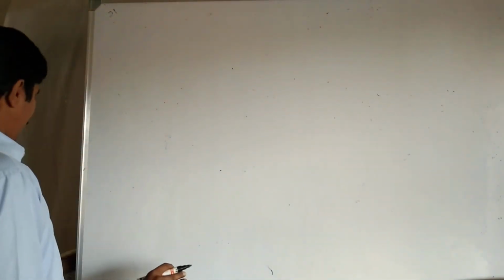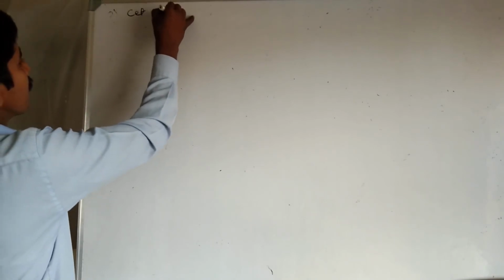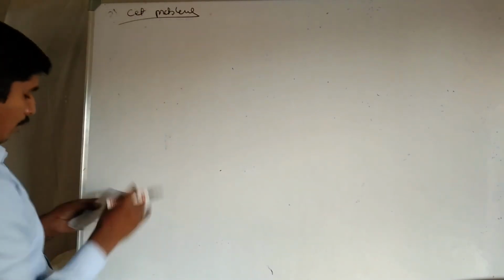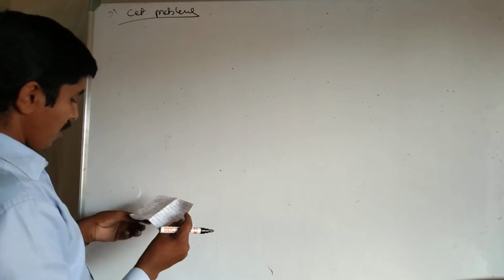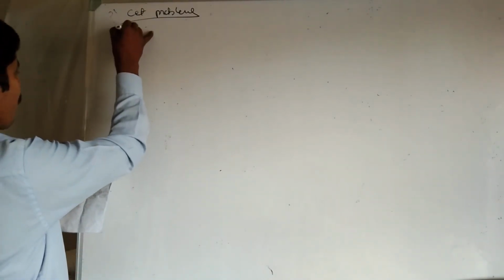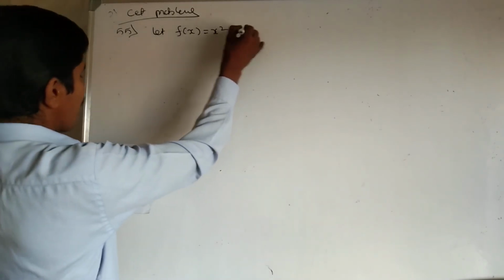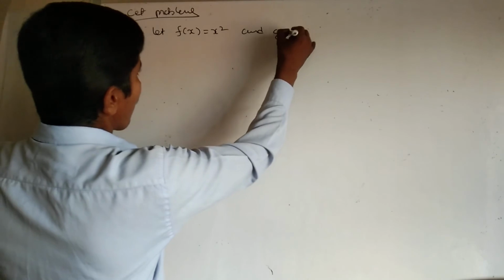So now go to CT problems, a continuation of the last class. 55th: Let f of x equal to x square and g of x equal to root x.